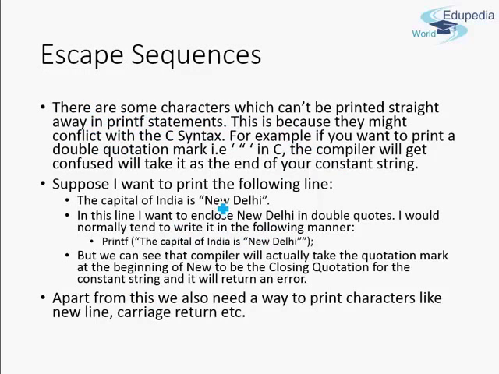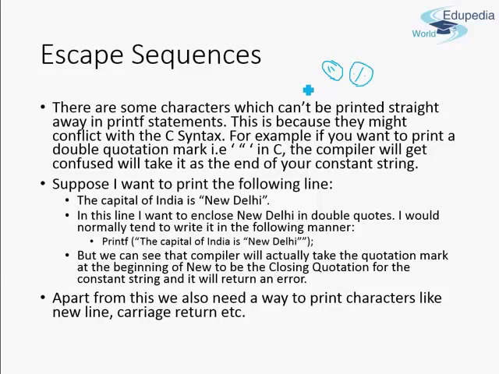Okay. Now we come to escape sequences. What happens, friends, is that we have studied so many characters like double quotation marks. These characters and percentage already have certain functions inside C statements.